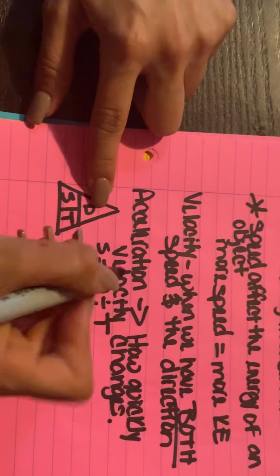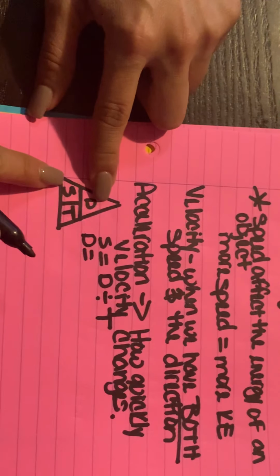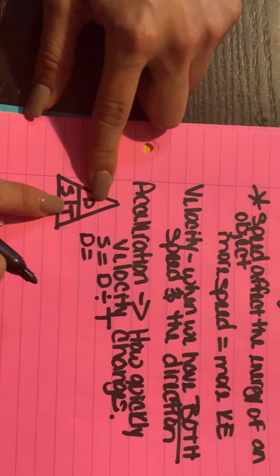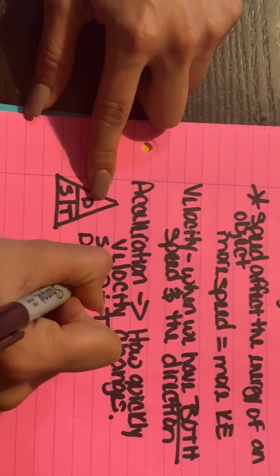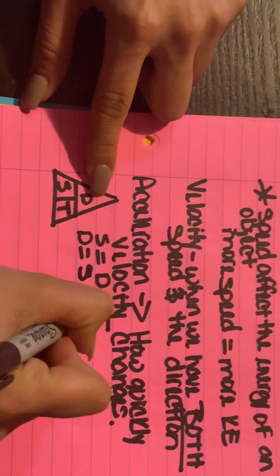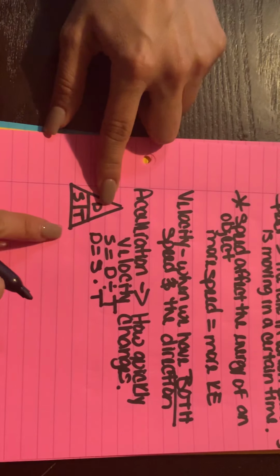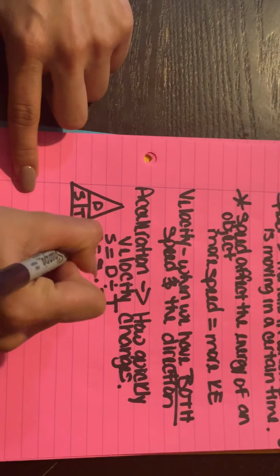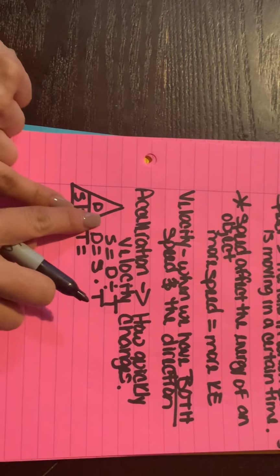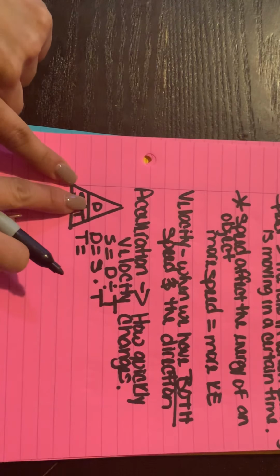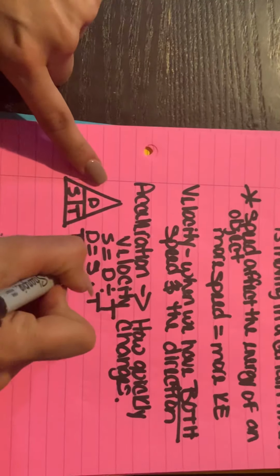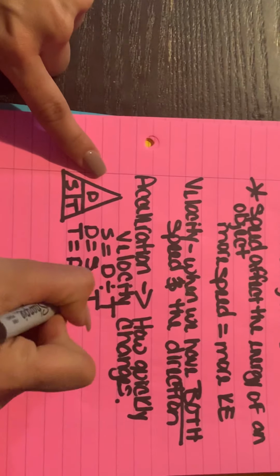What if I want to find distance? What am I going to do with speed and time? I'm going to multiply. Good. So I'm going to get speed times time. What if I want to get time? What am I going to do with distance and speed? I'm going to divide. So divide D and S.